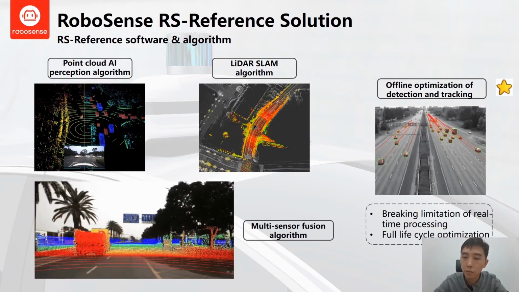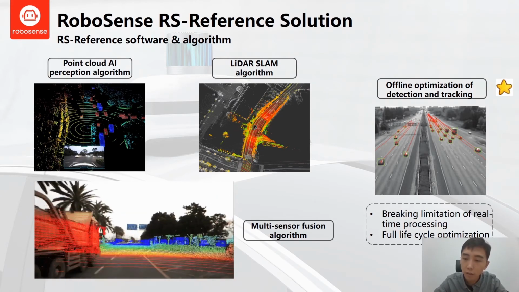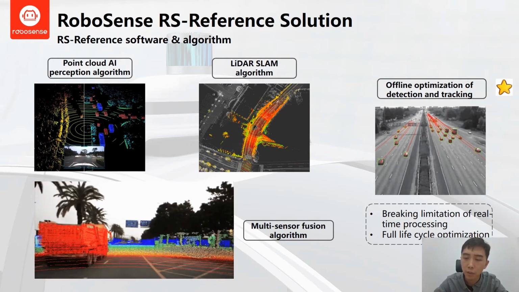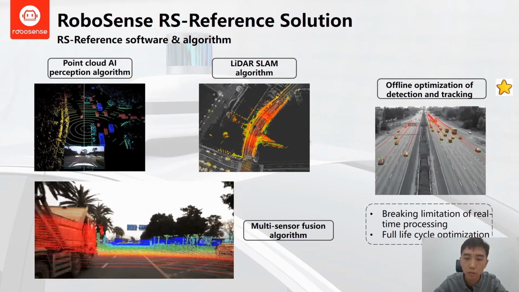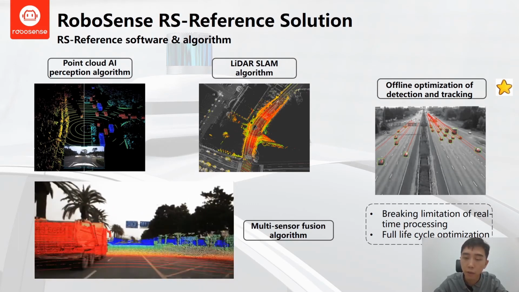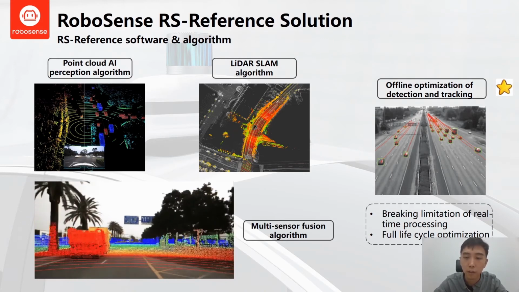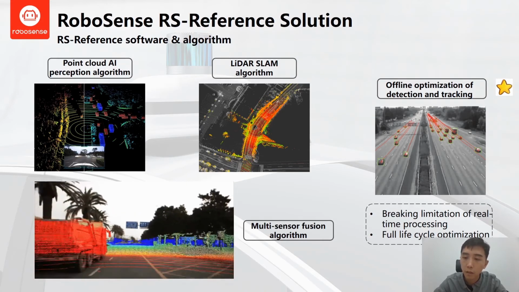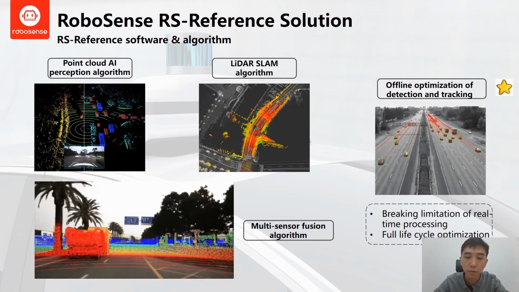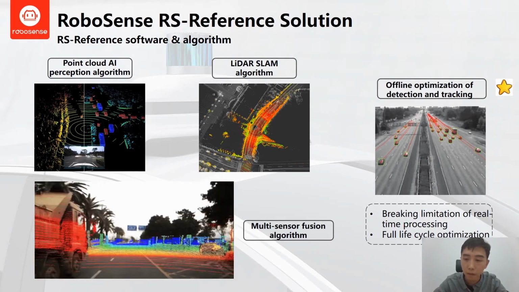So the first one, breaking the limitation of real-time processing. Let's use LiDAR perception as an example. Right now, most LiDARs work at a rate of about 10 Hertz. So every 100 milliseconds we have a new frame of point cloud, which means we need to finish the perception algorithm within 100 milliseconds, right?